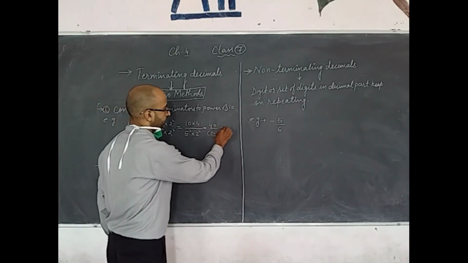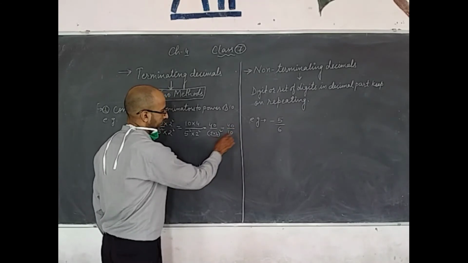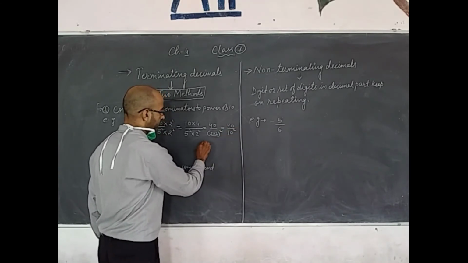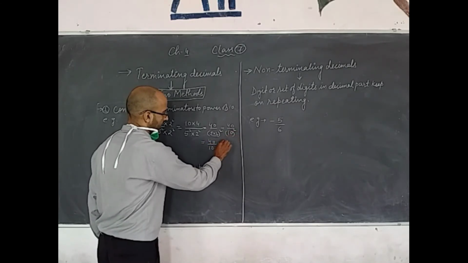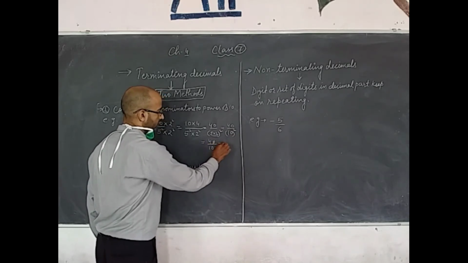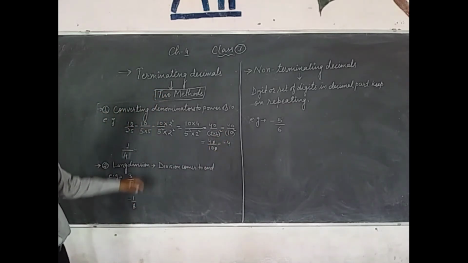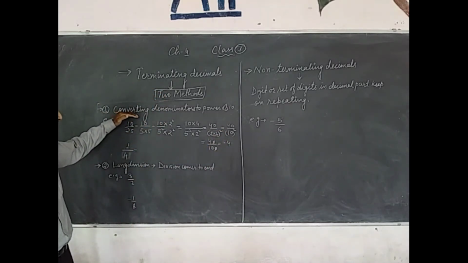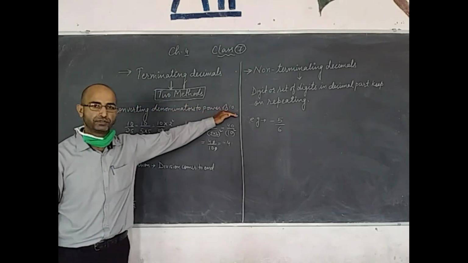Now you get 40 upon (5 into 2) whole square, that is 10 square. Then 40 upon 100, since 10 square gives you 100. Now simplify 40 upon 100: the zero will cancel, and you will get 0.4. So this is the first method, converting the denominator to a power of 10.